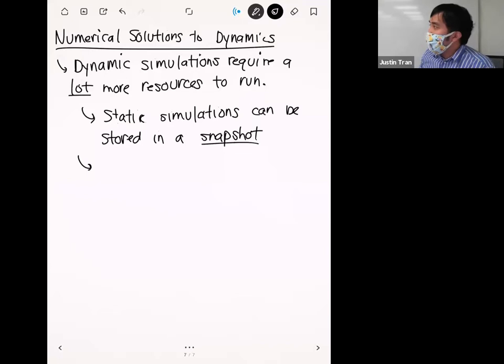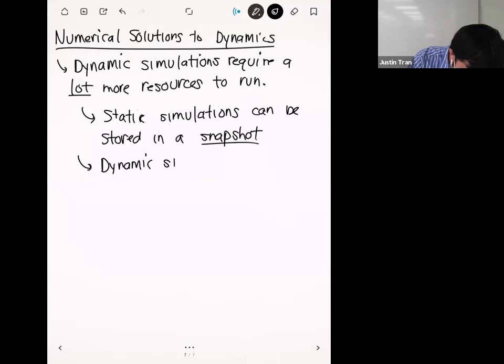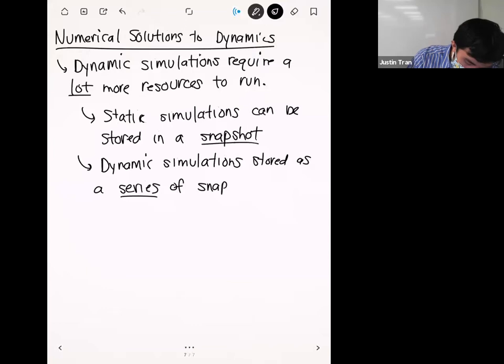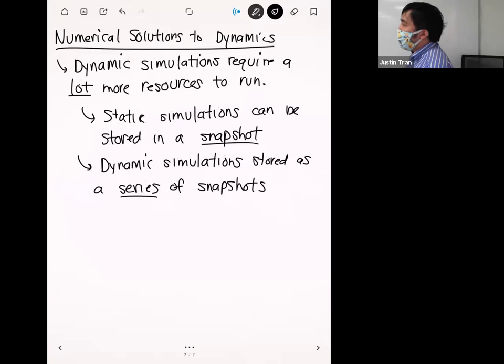But videos, as you know, are not just a single snapshot, but a series of snapshots. Okay. And so in the most naive sense, for a video that consists of maybe 30 frames per second, right?